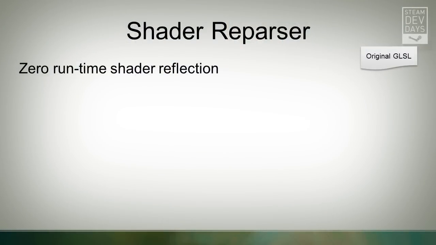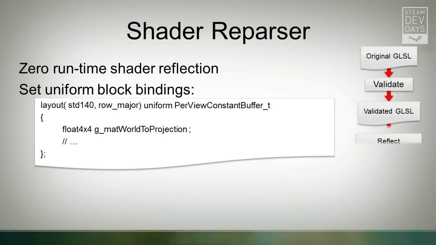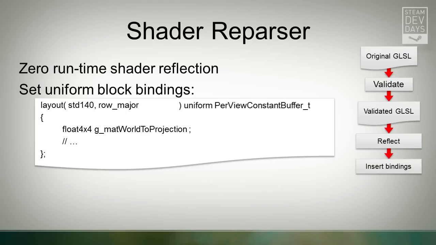So the way we do this is that after we've done our translation and have the original GLSL, we validate it to make sure it's syntactically correct. And then we perform reflection on the shader where we query for all of the active uniform buffers and samplers. And then we go through and insert binding qualifiers on our uniform buffers. So this will basically say that this per-view constant buffer is bound to a particular uniform buffer binding.